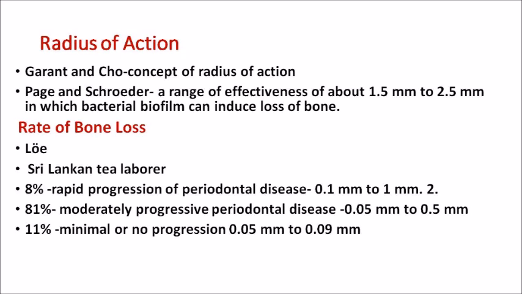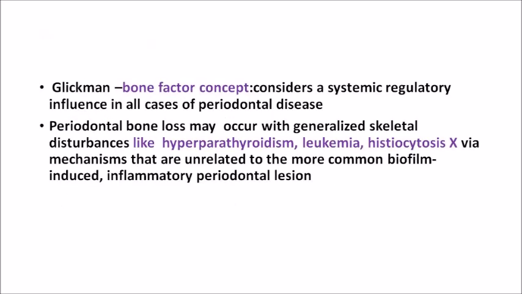Now I'll tell you about another concept, that is the bone factor concept, which was given by Glickman. In this concept, he considers a systemic regulatory influence in case of all periodontal disease. So Glickman believed that there is no pure case of periodontal disease alone. There is always a systemic regulatory component. This is called the bone factor concept.